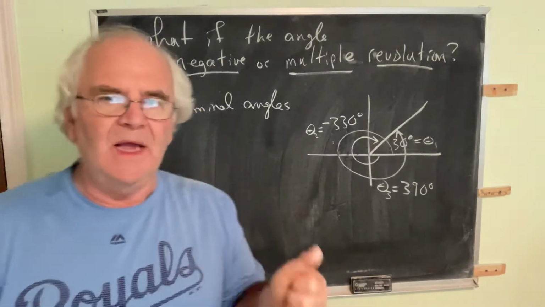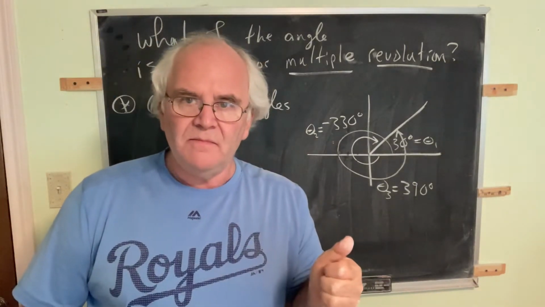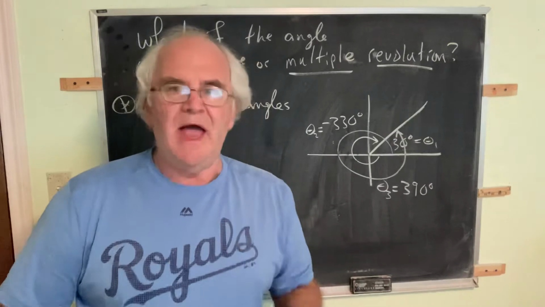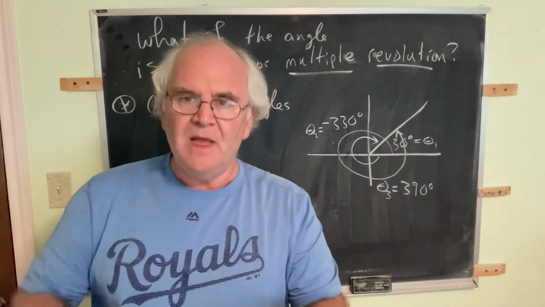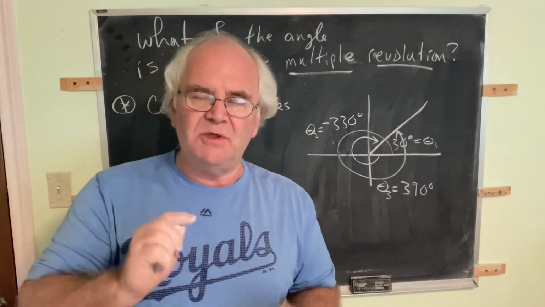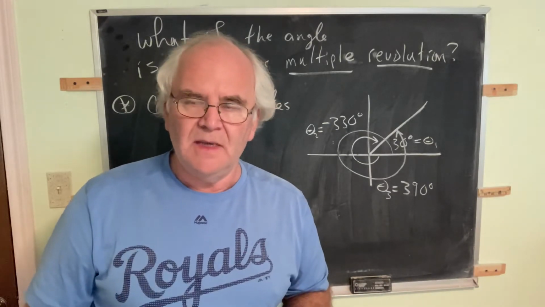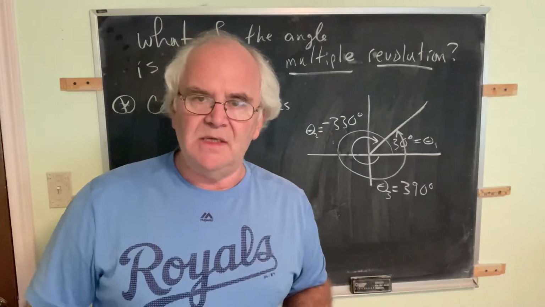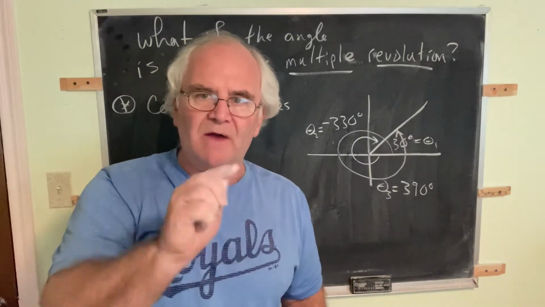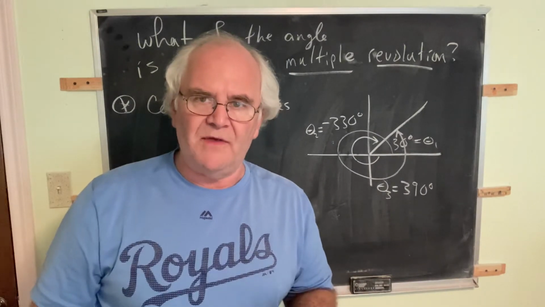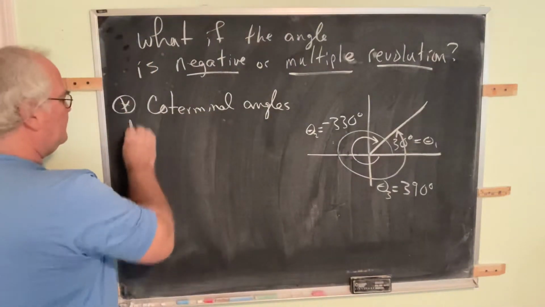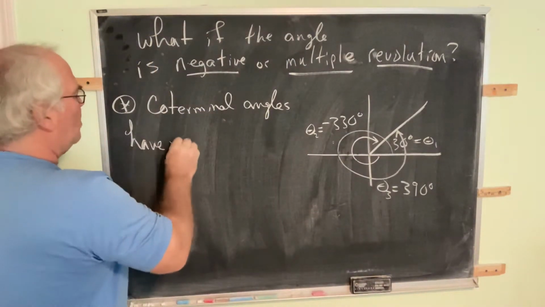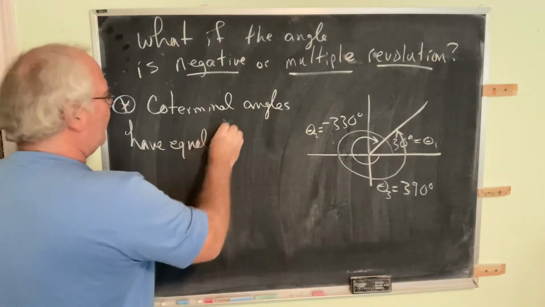This is why, if you were given a 400 degree angle, you need to be able to find the one revolution angle which is coterminal with it. And here's why. Coterminal angles have equal function values.